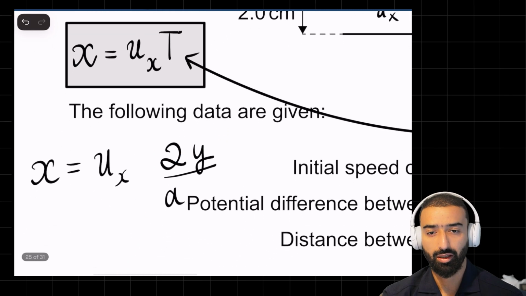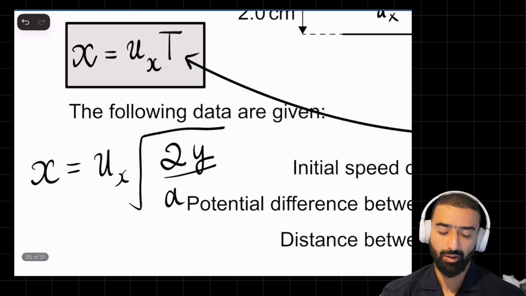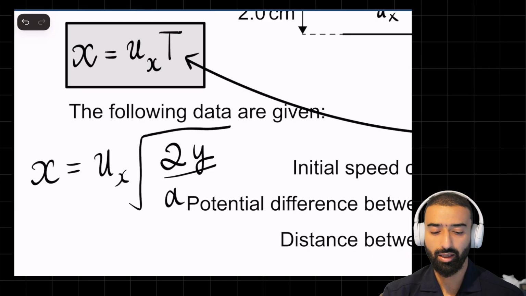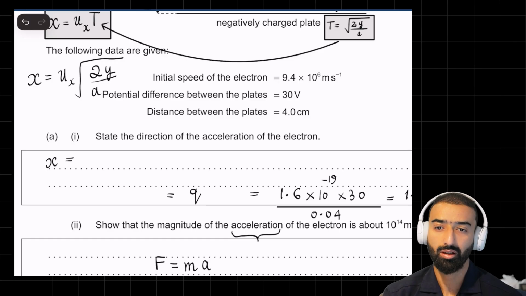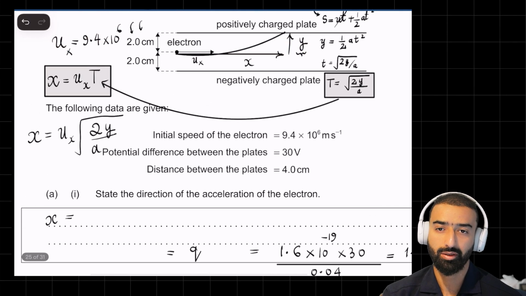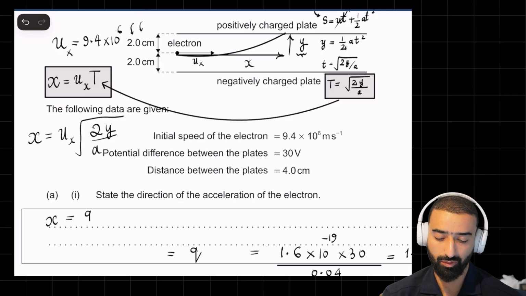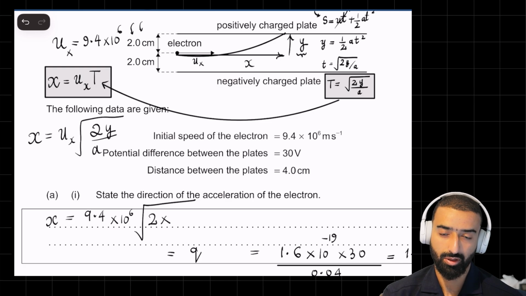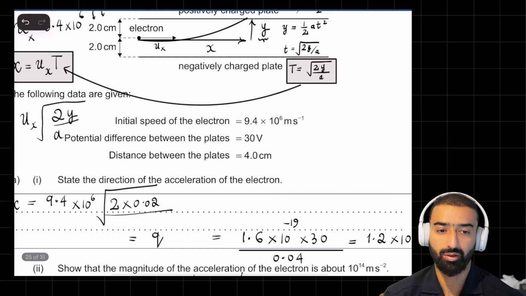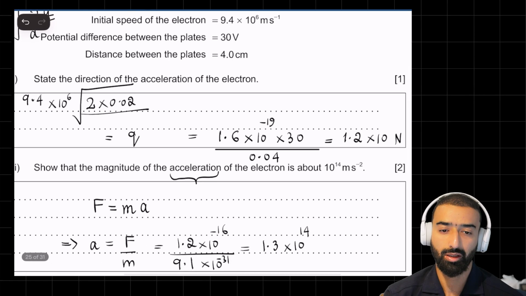Now the problem is done. All we have to do is substitute the values. Alright, so let's try and do that. X would be ux, and ux is given to us, it's 9.4 into 10 to the 6, times the square root of 2 times y, which is 0.02, divided by the acceleration, which we found out to be 1.3 into 10 to the 14.